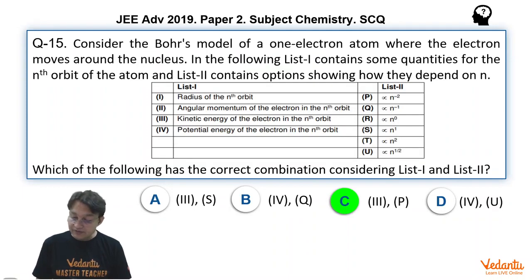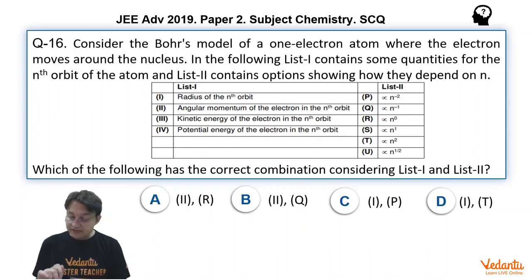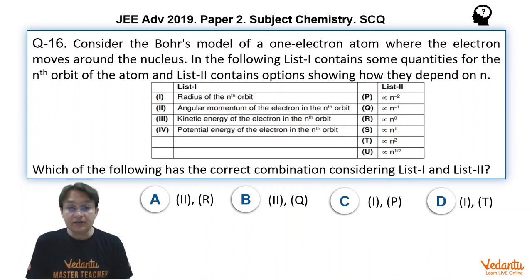Similarly, let us see question number 16, which is also present here in the same table. Second is matching with R. Second is angular momentum, and R is n raised to the power 0, not possible. Option B, second is matching with Q, it's also not possible because mvr is directly proportional to n.